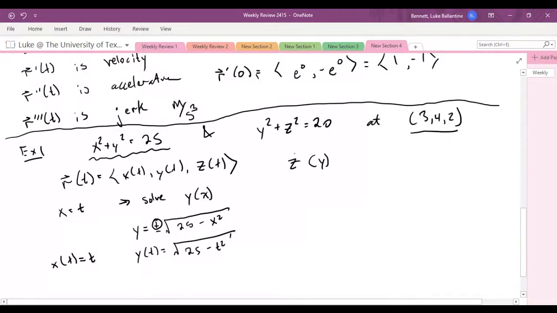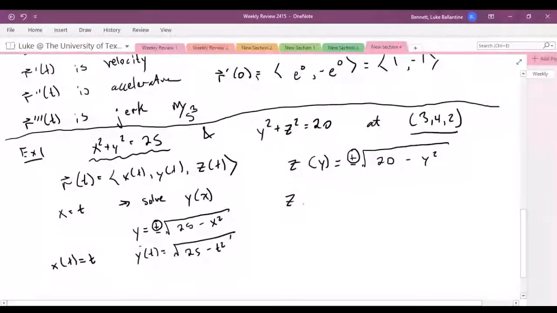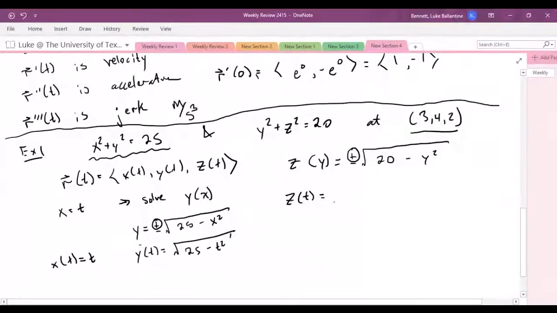Now for the third one, we solve z for y. That would be plus or minus the square root of 20 minus y squared. We pick the positive, and now we plug in our function y of t. So we get z of t equals the square root of 20 minus the square root of 25 minus t squared, squared. But notice we're squaring it right here, so the square root's going to go away.